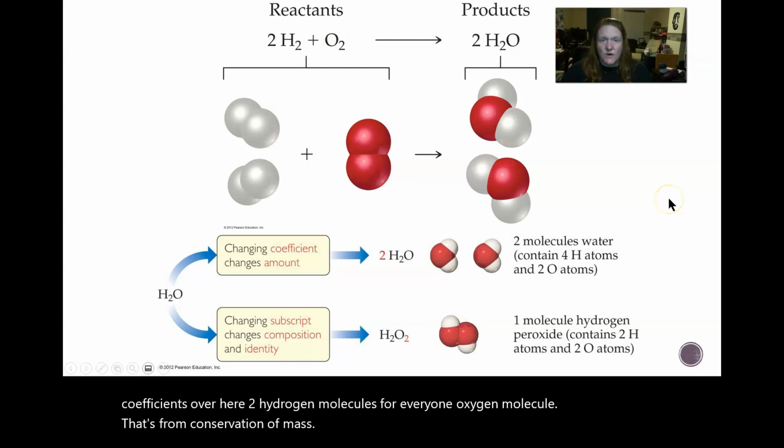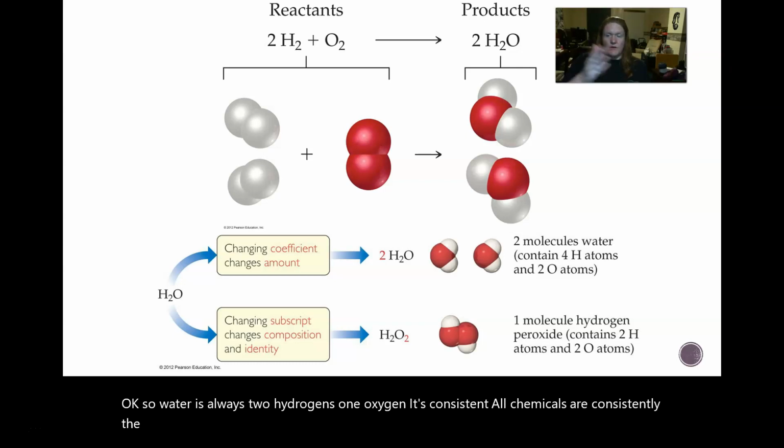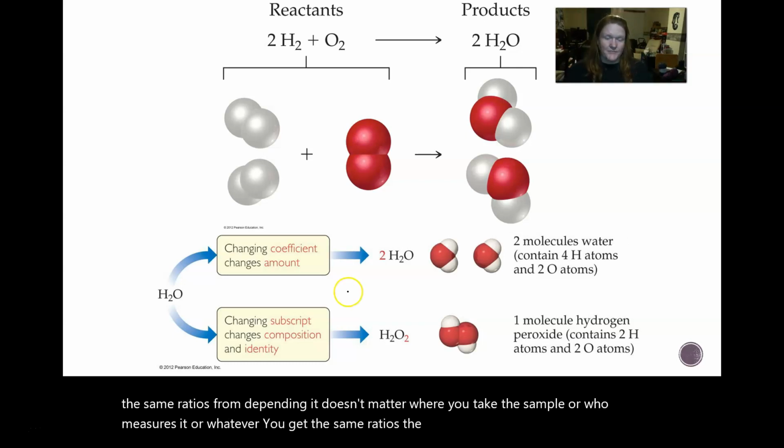If I change that ratio, if it's not 2 to 1 anymore, I change the chemical identity. Okay, so water is always 2 hydrogens, 1 oxygen. It's consistent. All chemicals are consistently the same ratios. It doesn't matter where you take the sample or who measures it, you get the same ratios. The same empirical formula, right?